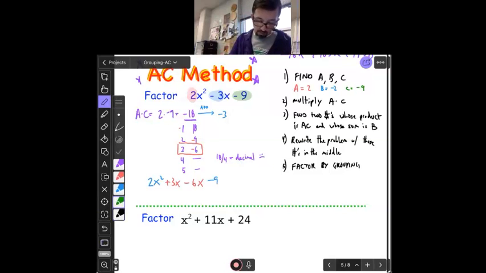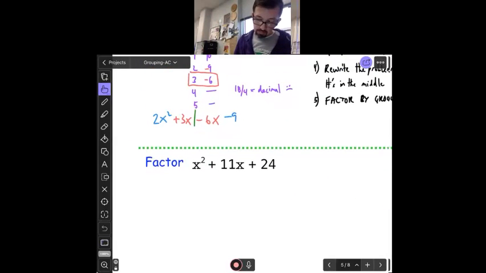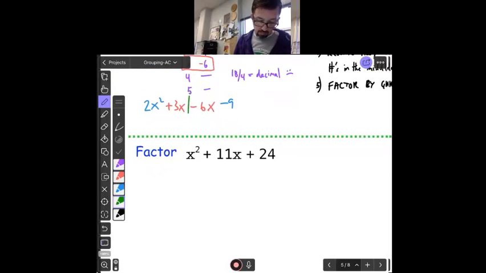So we break it in half. What did 2x squared and 3x have in common? X. And then it'd be x times 2x, and then x times +3. And then what do -6x and -9 have in common? Yep, -3, right, Sam? And then -6x would be +2x, and then +3.